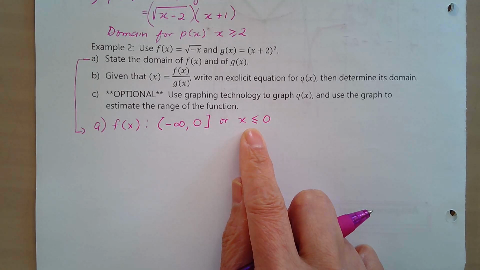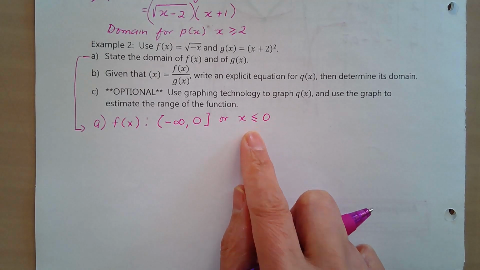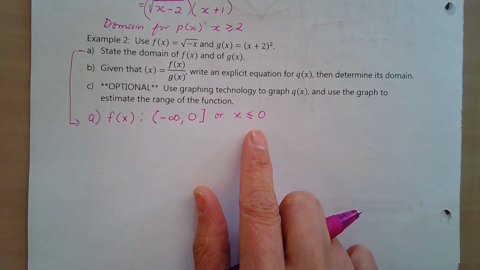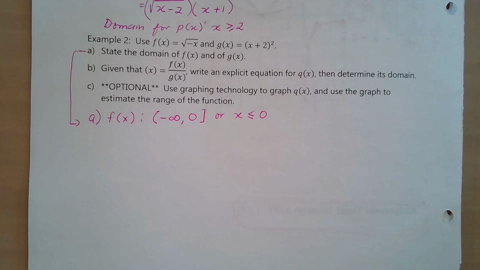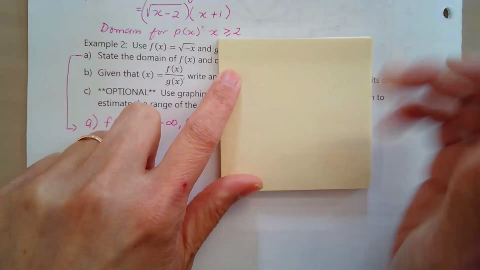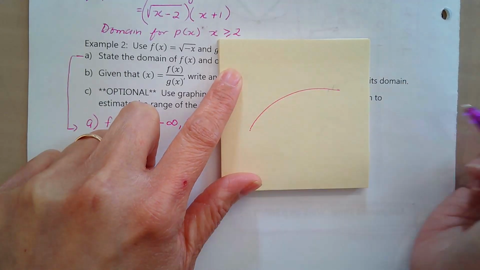How did we do that? Okay, we kind of just thought about that and that's what we came up with. But then how do we know that? Oh, yeah. Okay, I like that because you're thinking about this: the square root of x goes like this, right?